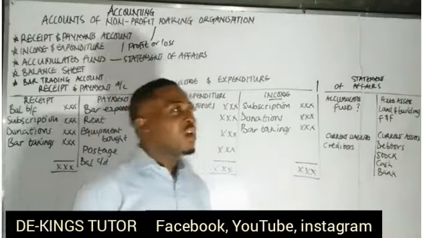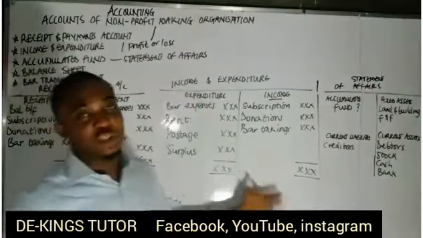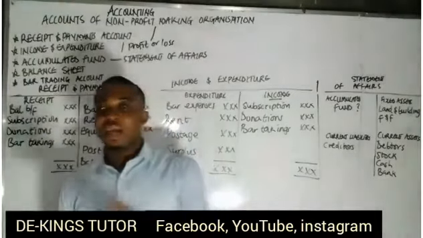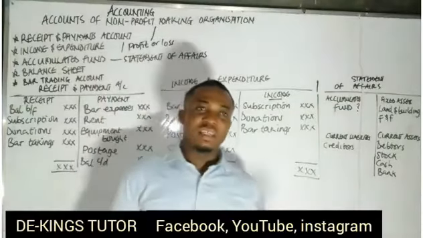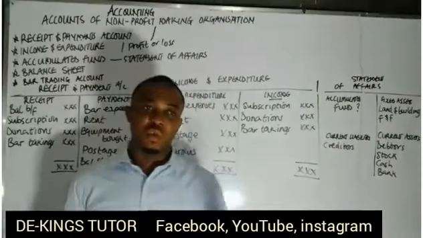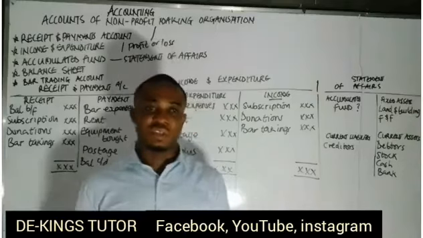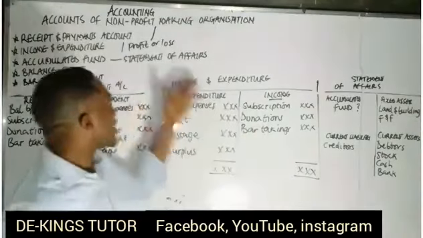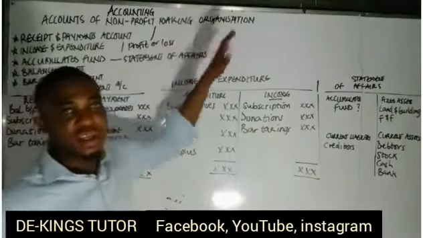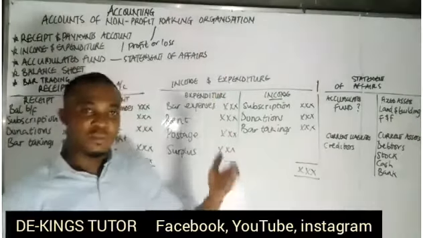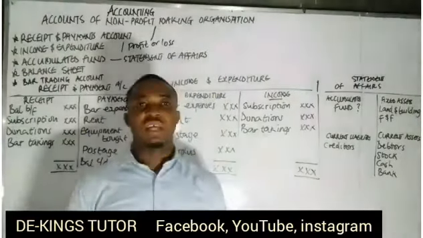Okay, so the same way profit ventures prepare their financial statements and records in order to record their financial transactions, non-profit making firms also prepare records to record their financial transactions.